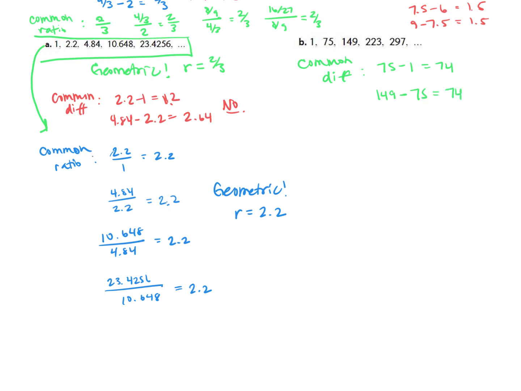Oh, that's 74. Then we'll take 223 minus 149, another 74. And 297 minus 223 is 74. So this sequence is arithmetic with a common difference equal to 74.